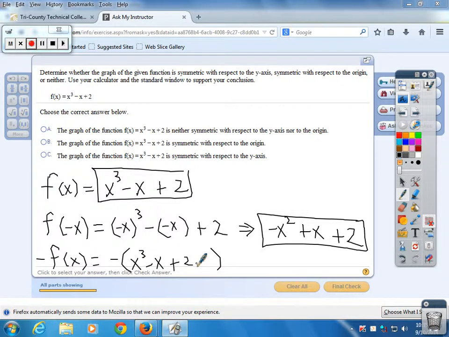And what does that get us? Negative x cubed plus x, and they do not match either, so it's neither. But always go back and check your signs because sometimes you might make a mistake and it's just one little sign that causes it to be not correct.